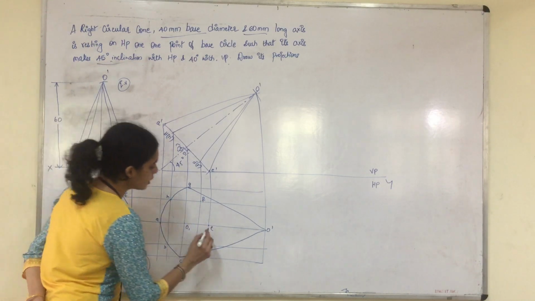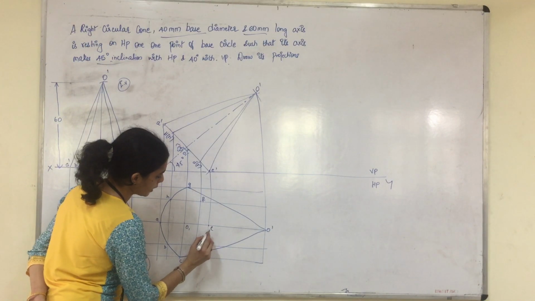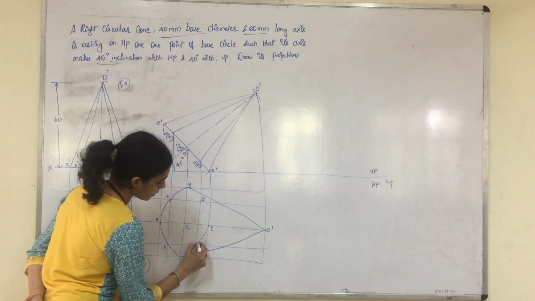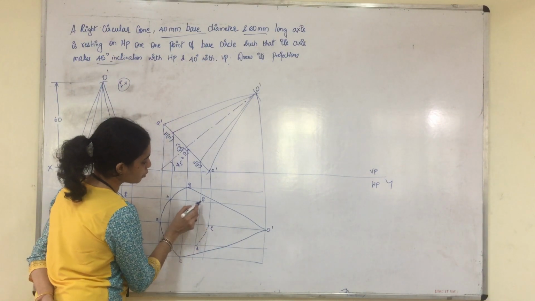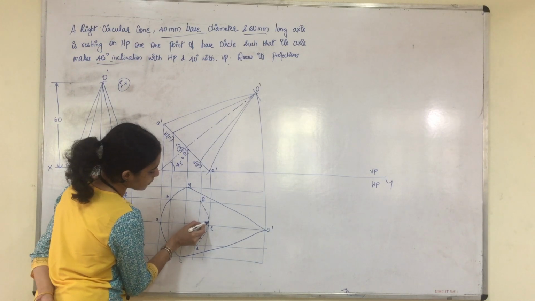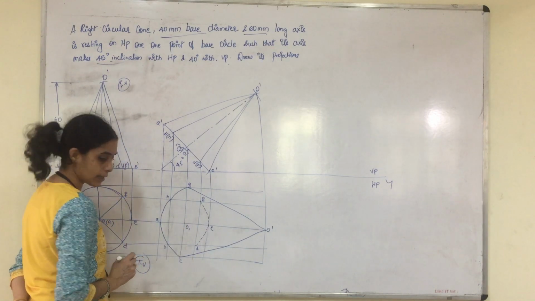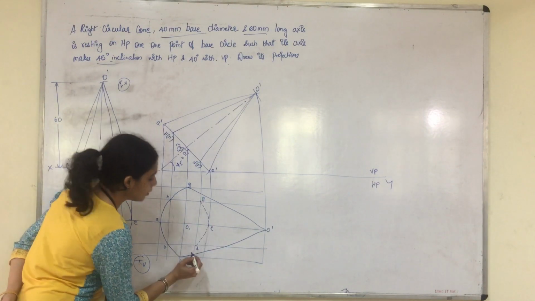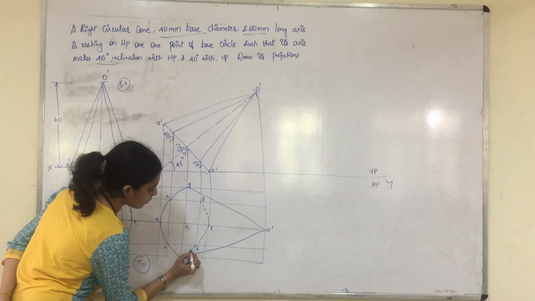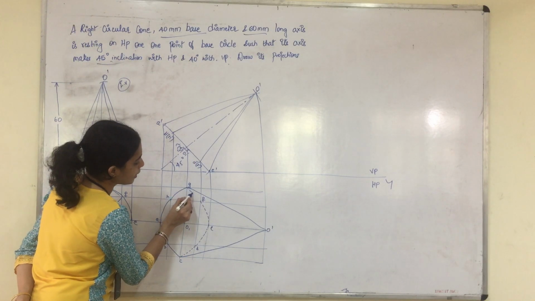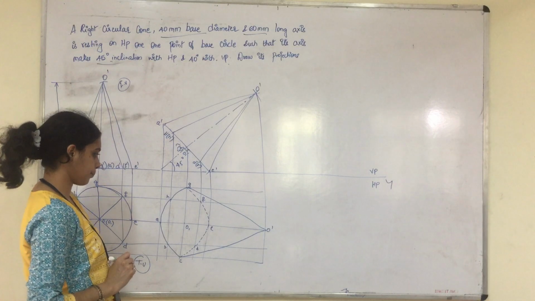So here we have the projection coming through E to D. So this part will be dotted. Similarly, we have a projection coming through E to F. So even this will be dotted. Similarly, any extension of the hidden projection line will be hidden only always. So D to C also will be hidden and G to F also will be hidden.